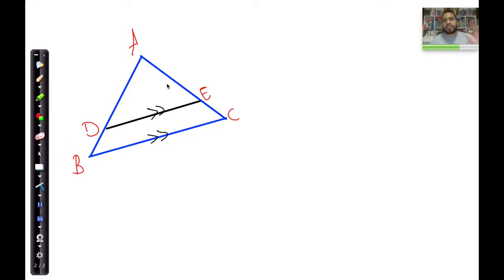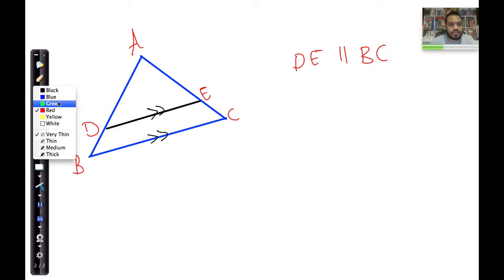We started with a triangle, and the triangle is ABC, and then I drew a line segment from D to E. That line was parallel to one of the sides of the triangle. Remember, the triangle has three sides. Firstly, we can see that DE is parallel to BC, and BC is a side of the triangle.